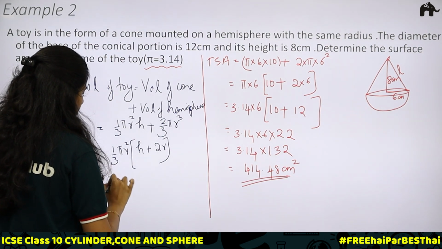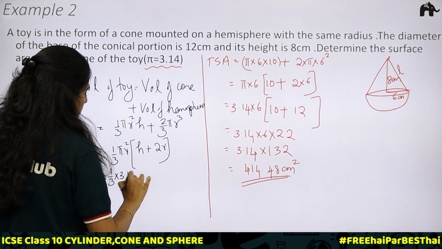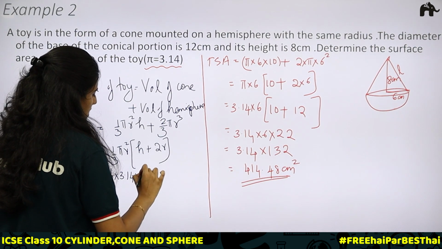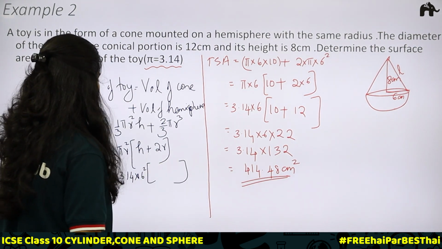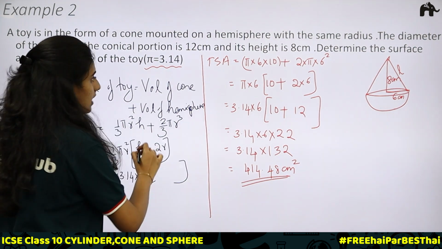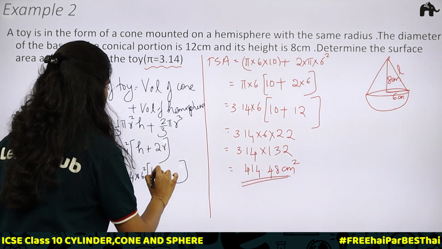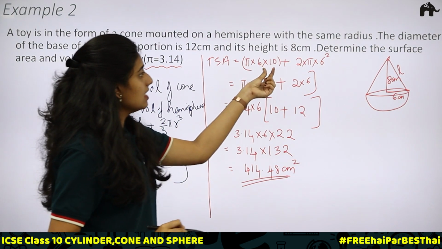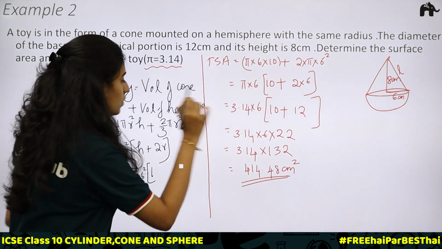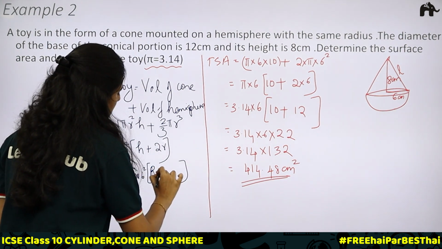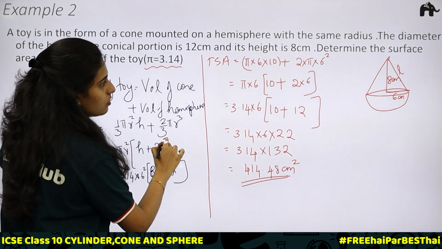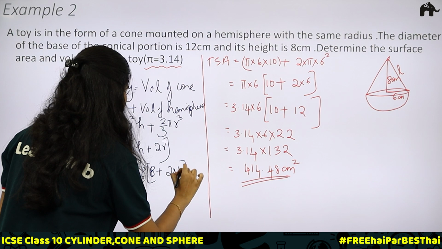Put the values: 1 by 3 into 3.14 into radius square, 6 square, into h plus 2r. Here h is 8, not 10, since 10 is the slant height. So 8 plus 2 into 6.